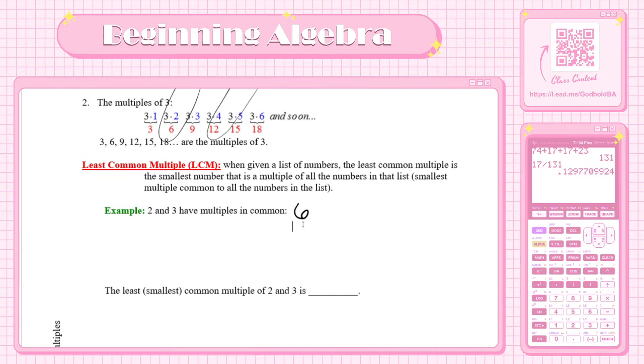Actually, I meant to write 6 and 12 both in there. The next one would be 18 and so forth. So really the least common multiple of 2 and 3 is the smallest, 6, as we said. And you'll notice that all of their common multiples are multiples of 6.